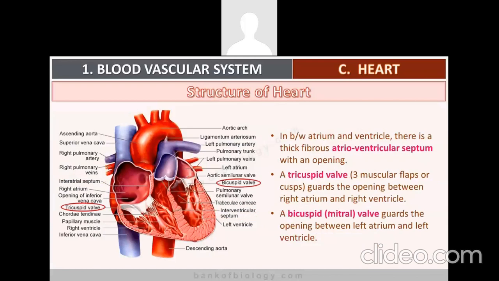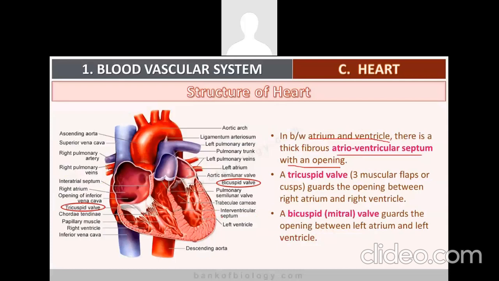In between the atrium and the ventricle, there is a thick fibrous atrioventricular septum with an opening. So you can find that both the atrium and the ventricle are connected to each other, and there is a possibility of open exchange of material between the two.